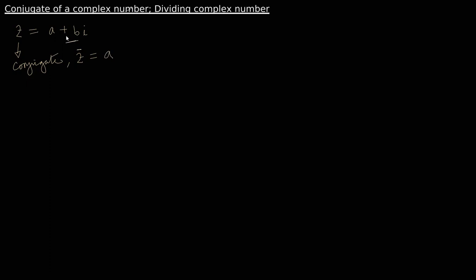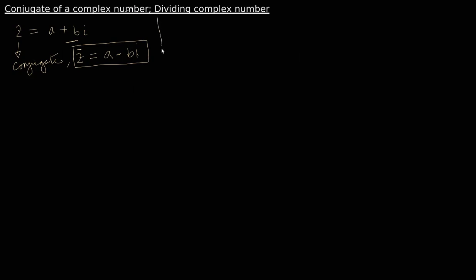So if I change the sign from plus, it will be minus bi. This is the complex conjugate z bar for the complex number z. That's how we find the complex conjugate. Let's do some problems so it will be more clear to us.